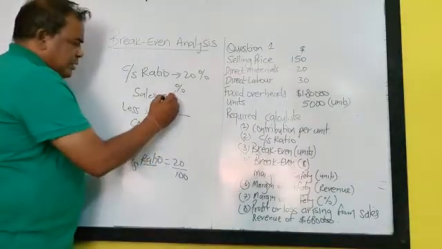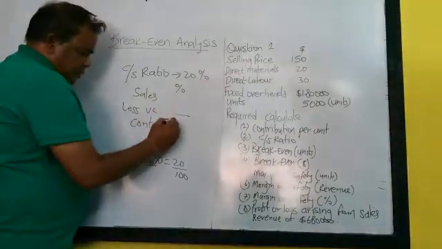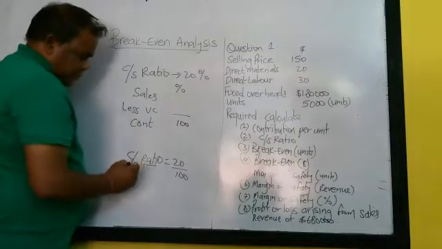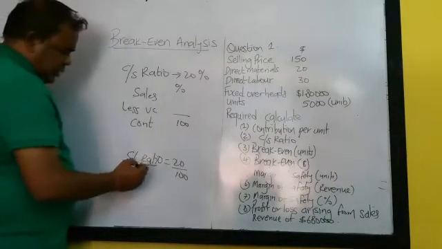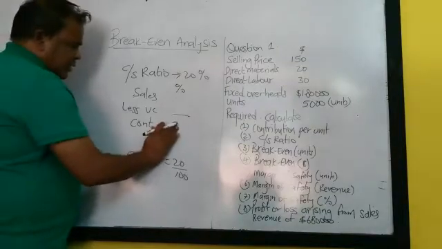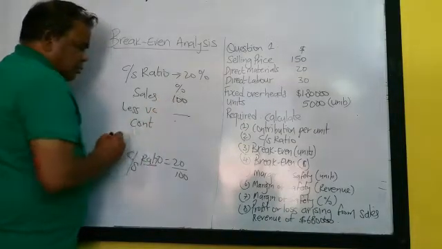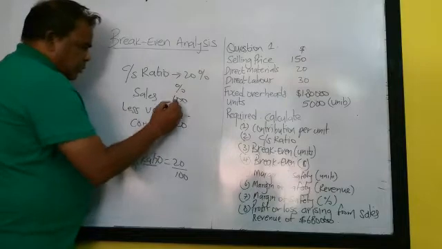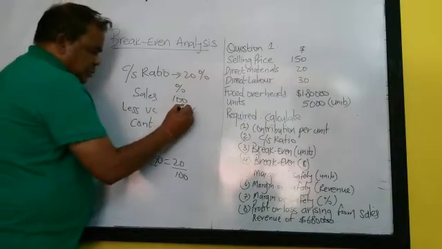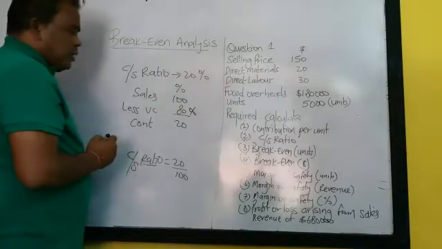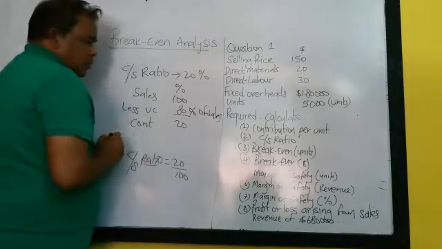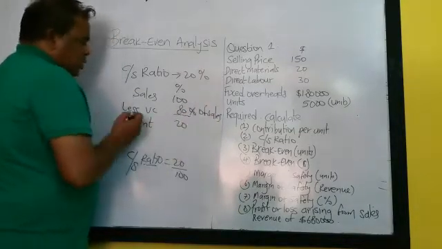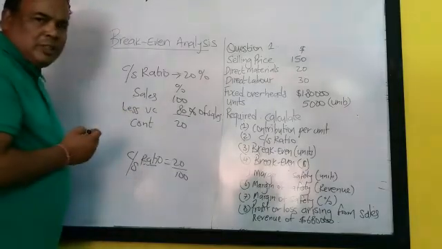Therefore we replace sales with 100 and contribution with 20. The difference will give us 80% variable cost, 80% of sales. So 80% of sales will give us variable cost.